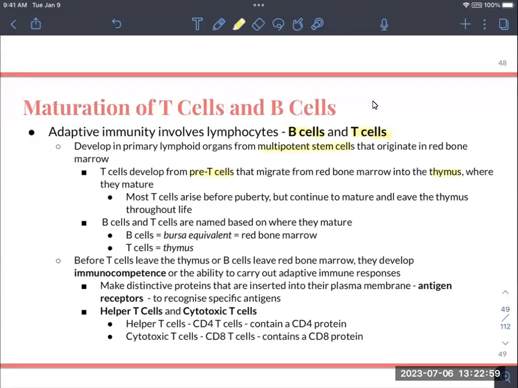That is where they're going to mature and get ready to travel out to do whatever job they need. We gain most of our T cells before puberty because that thymus, as we get older, just tends to atrophy and deteriorate down.